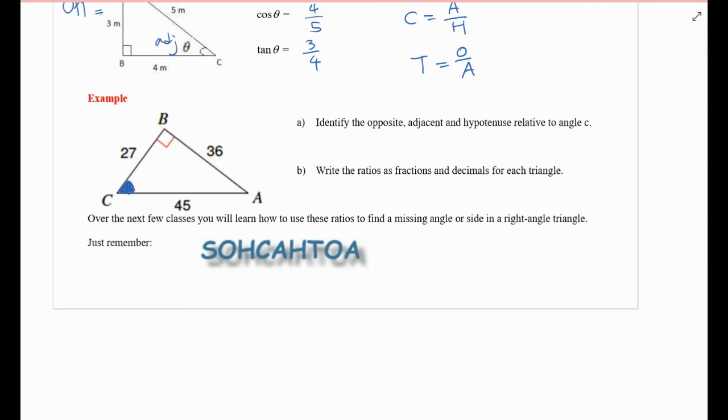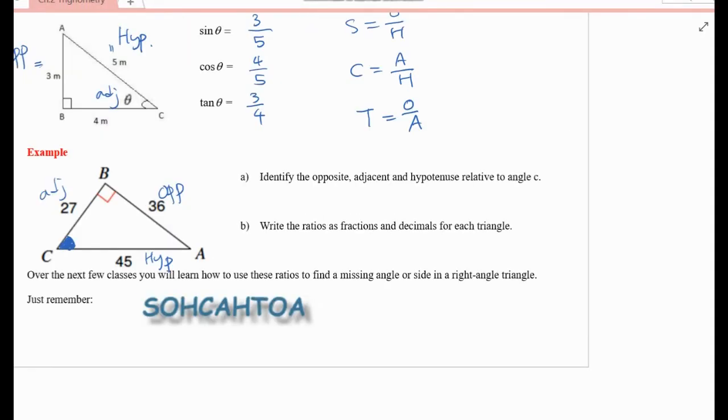So we say this is opposite. This is facing the right angle, which is the longest side, so we call it hypotenuse. And this is adjacent to the angle, so we call it adjacent. Okay, we just identified each side related to angle C.